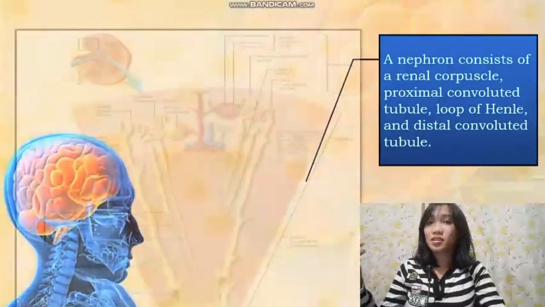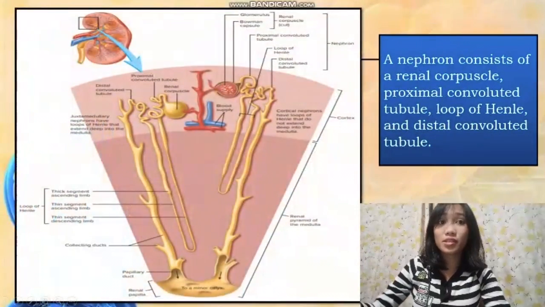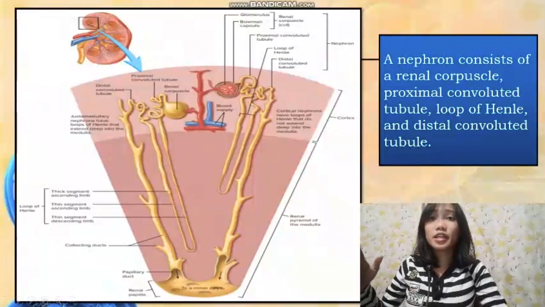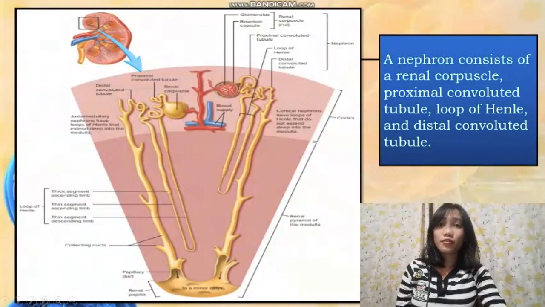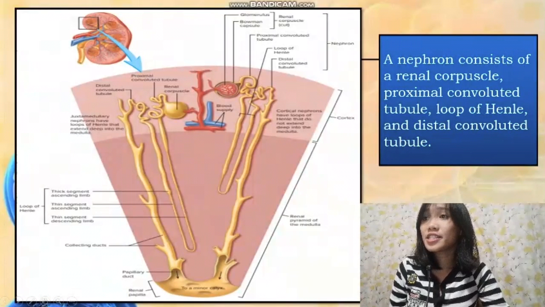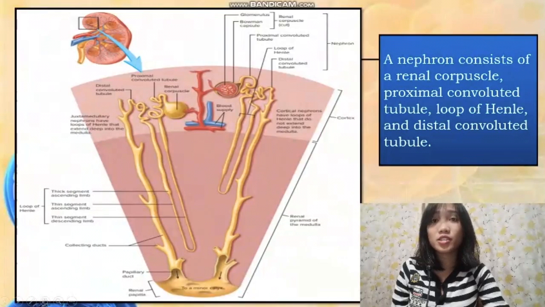A nephron consists of a renal corpuscle, a proximal convoluted tubule, a loop of Henle, and a distal convoluted tubule.